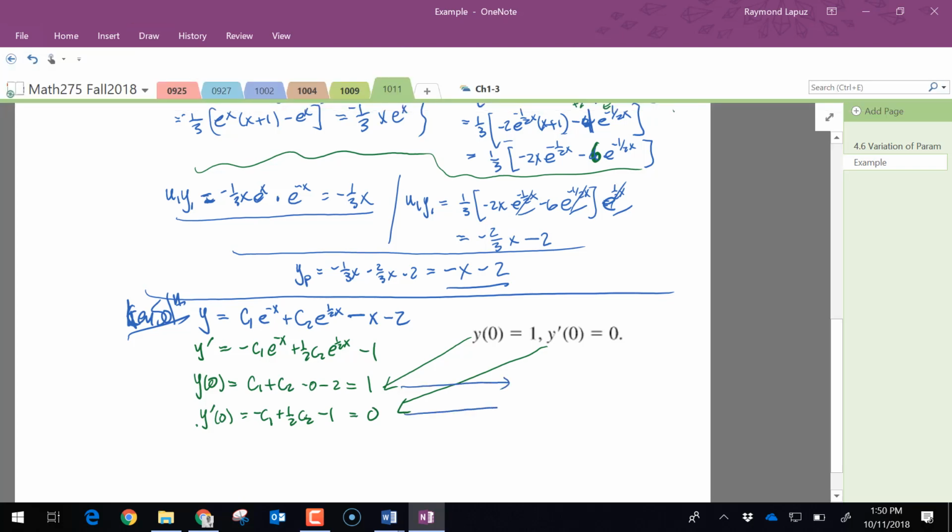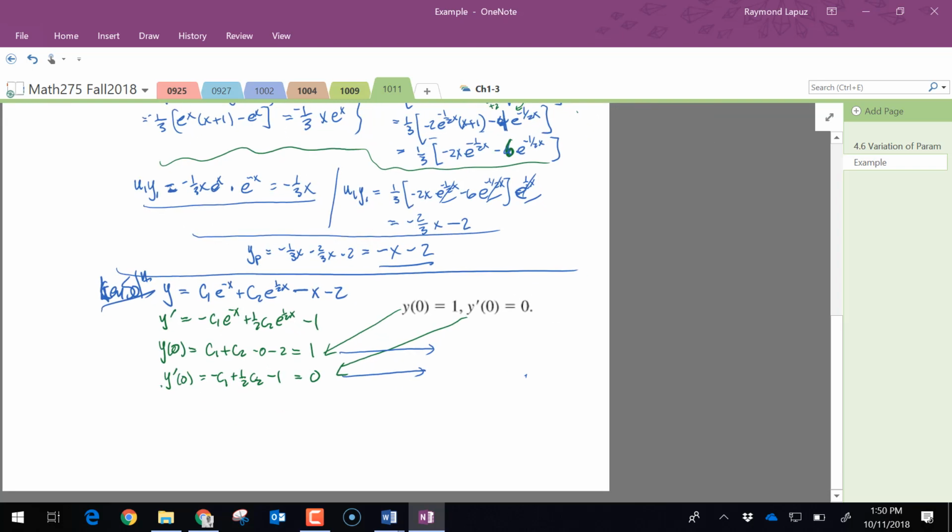So let's rewrite that into a nice looking system. C1 plus C2 is equal to 3, and minus C1 plus 1/2 C2 is equal to positive 1.